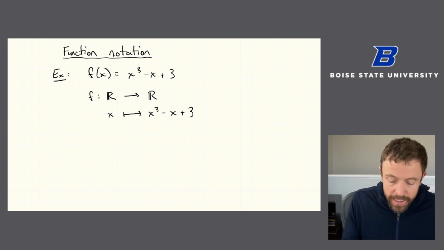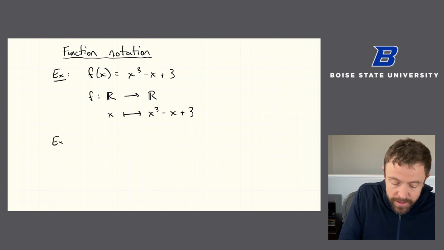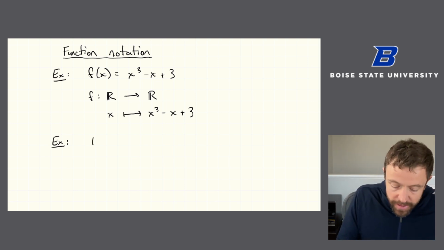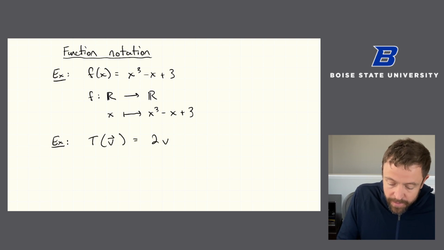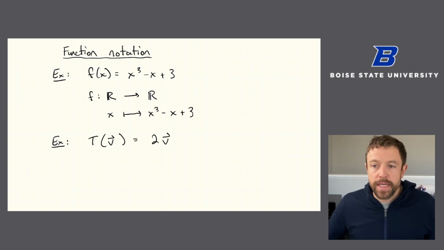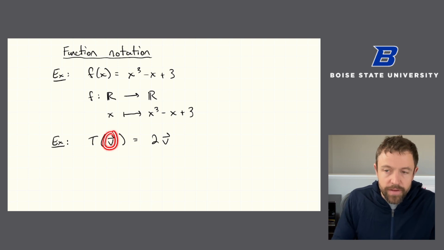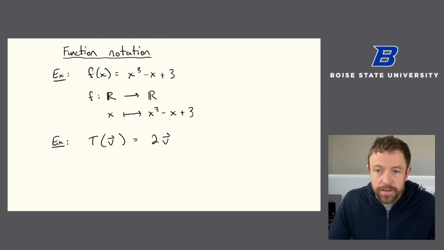And I want to give you a second example to illustrate why this matters, and it'll be an example from this course. If I write something like t of v equals 2v, you should immediately believe that this is a function because you know that we're dealing with a vector, we can multiply it by a scalar.